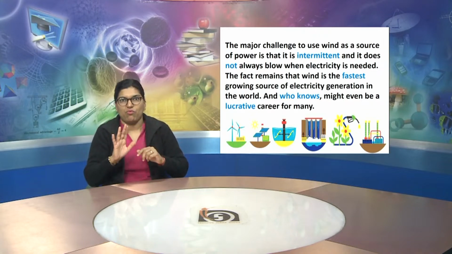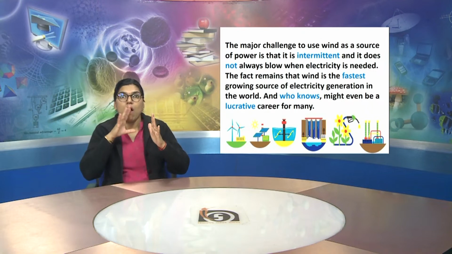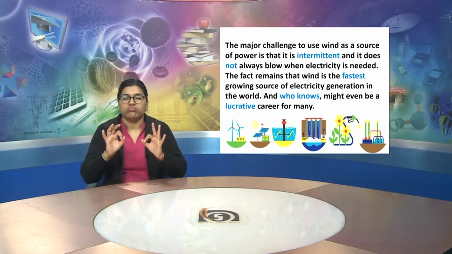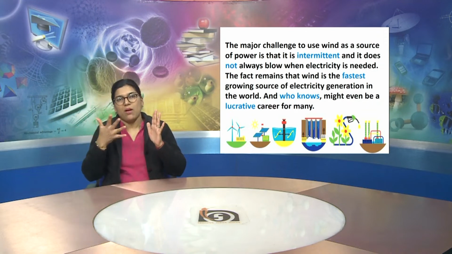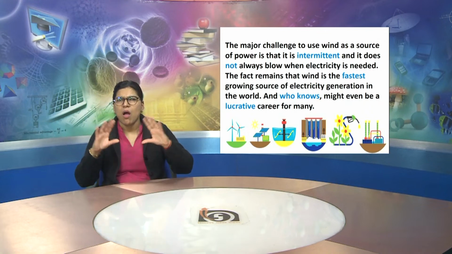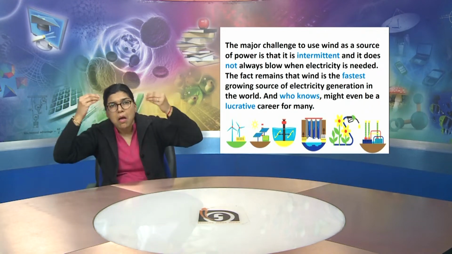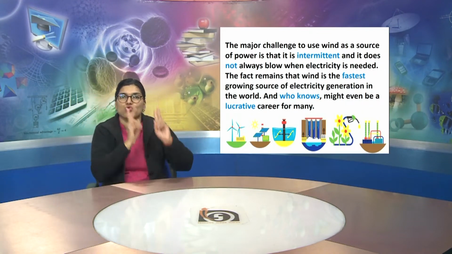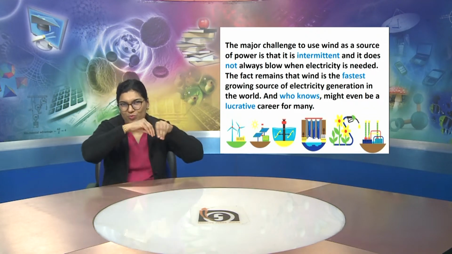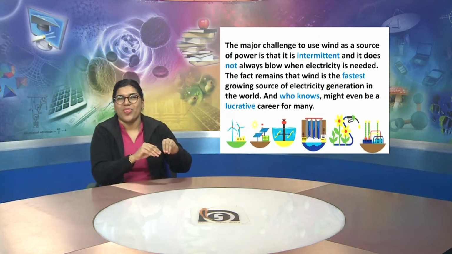And the major challenge to use wind as a source of power is that it is intermittent and it does not always blow when electricity is needed. The fact remains that wind is the fastest growing source of electricity generation in the world.